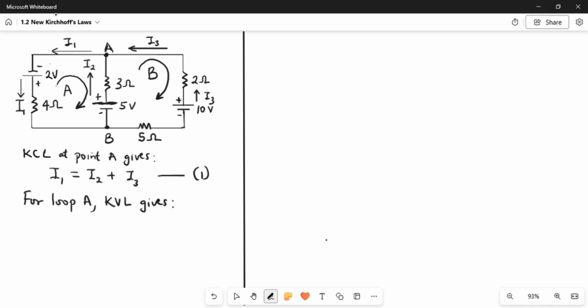Meaning that we'll find the potential for each component, find the potential for the resistors in this loop A. Of course, this is already the potential here. So if we are moving clockwisely, this our clockwise direction is opposite the direction of I1, which is passing through the 4 ohm resistor. So the potential drop here is going to be positive. So we say 4i1.